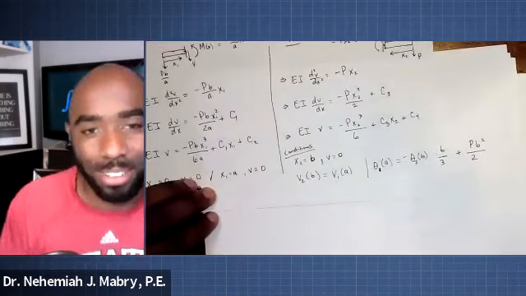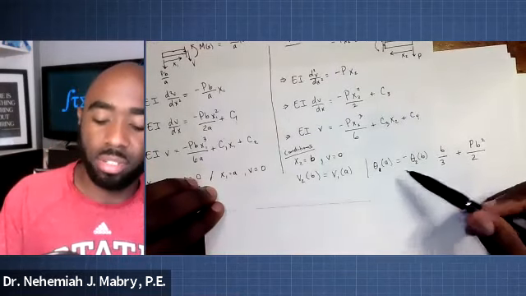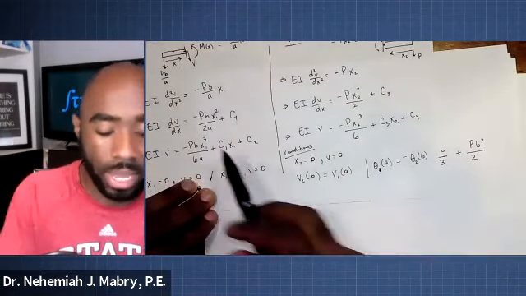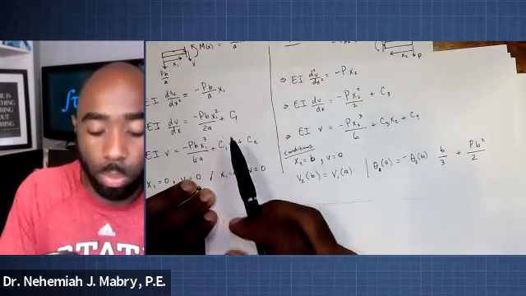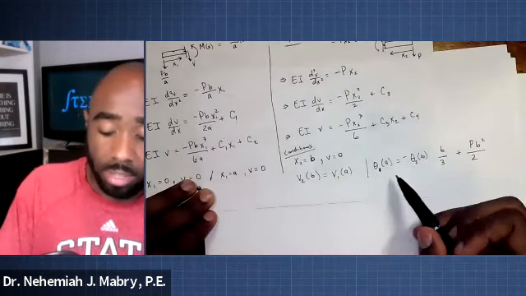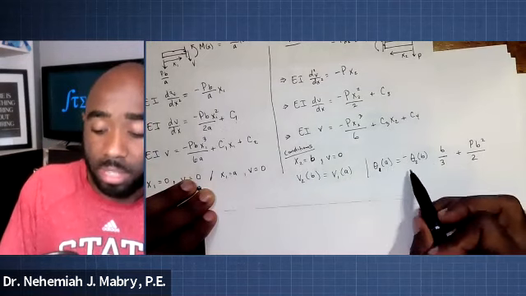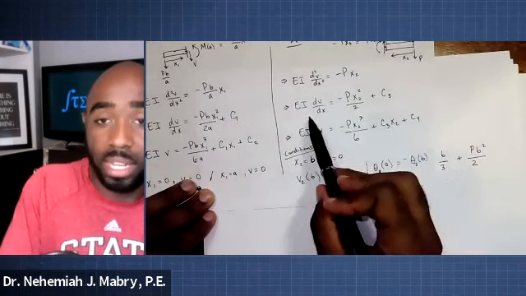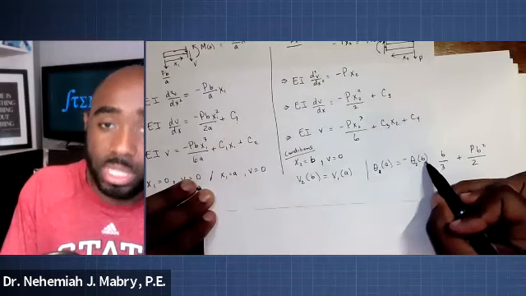Again, I know I said it a bunch of times. We're using this condition here, which says that the theta equation, the angle of slope on this side, when x1 is equal to a, is equal to the negative of the theta equation on this side when x2 is equal to b.